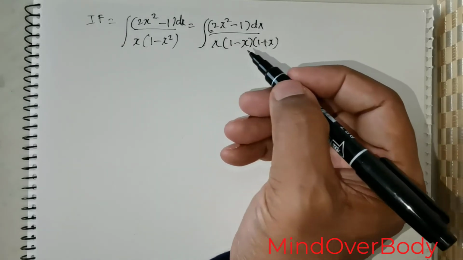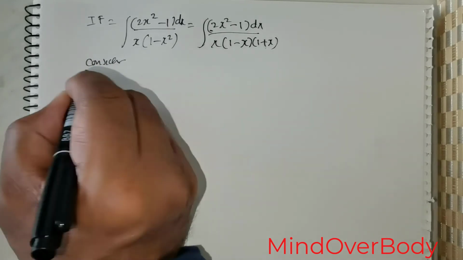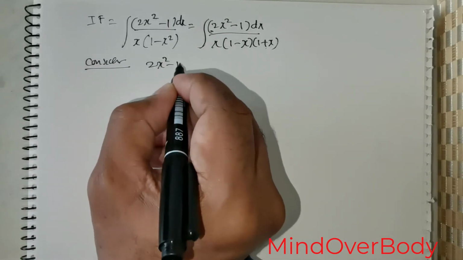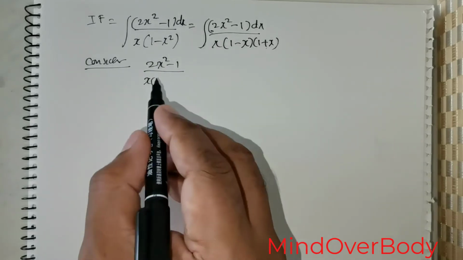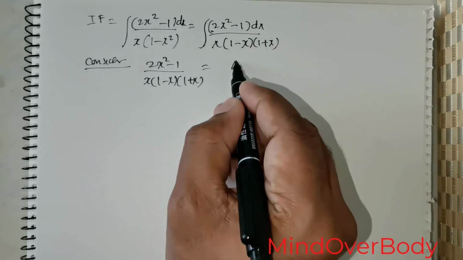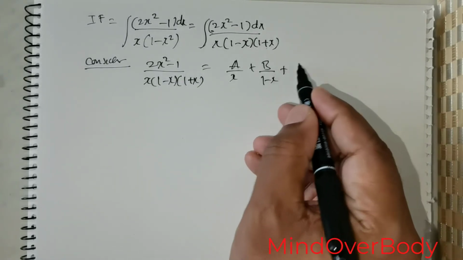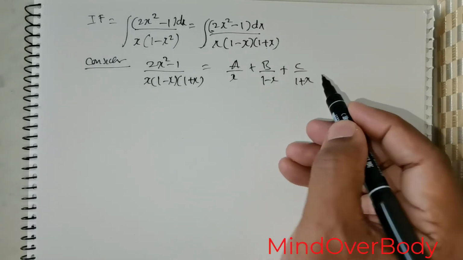Now I use partial fractions. Consider (2x² − 1) divided by x(1 − x)(1 + x), which can be written as a over x plus b over (1 − x) plus c over (1 + x).